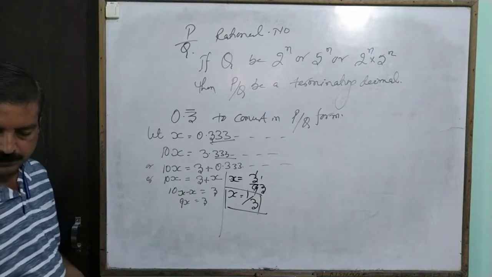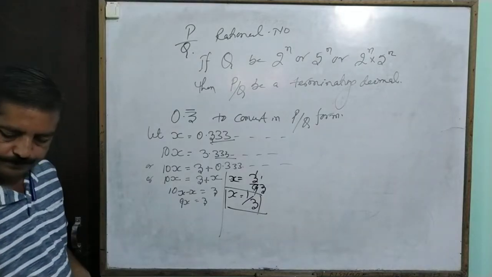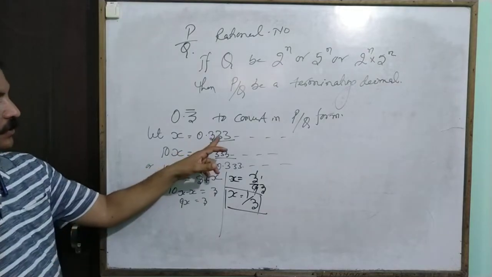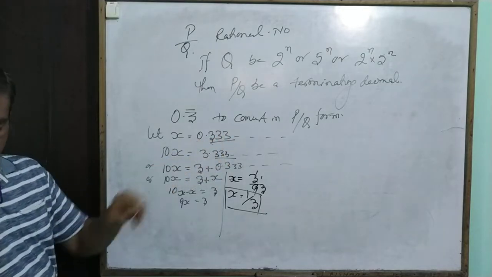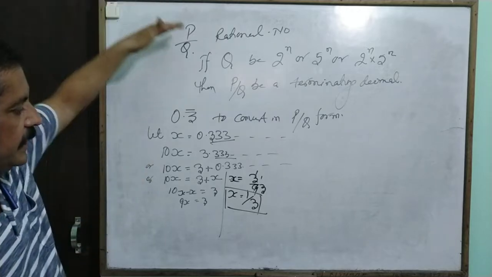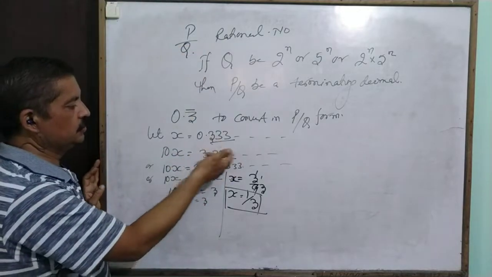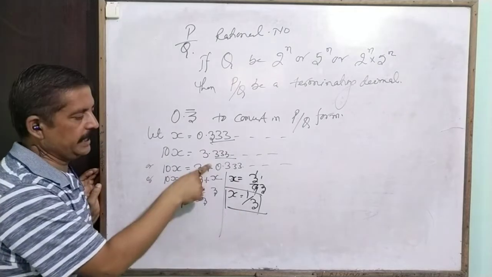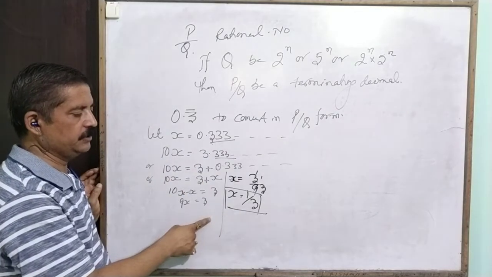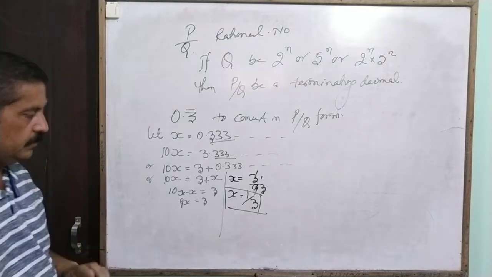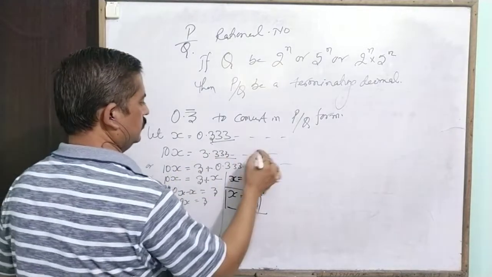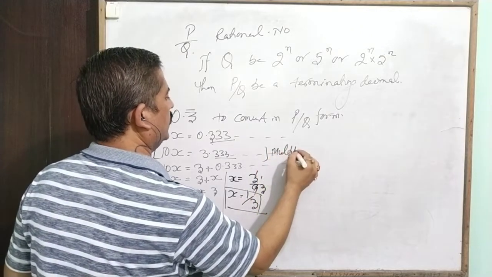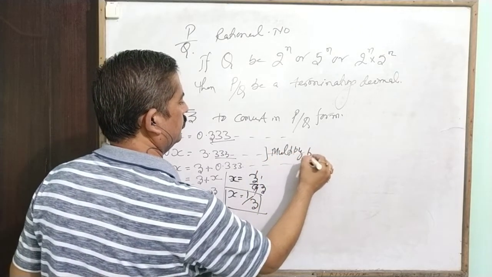The decimal form is 0.3333. First of all we divide and get that number, then change that number into p by q form again. That is the process we use. We multiply by 10.